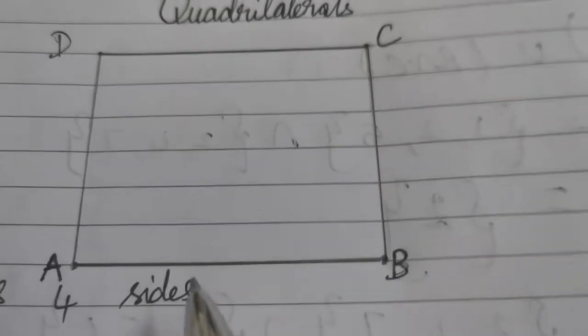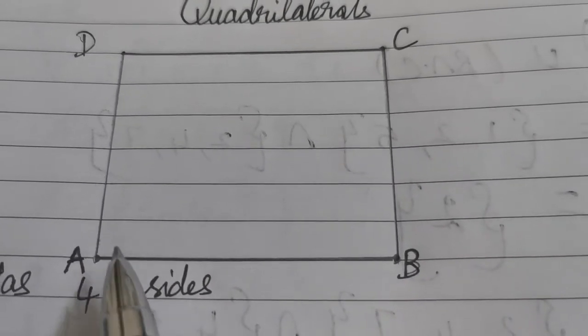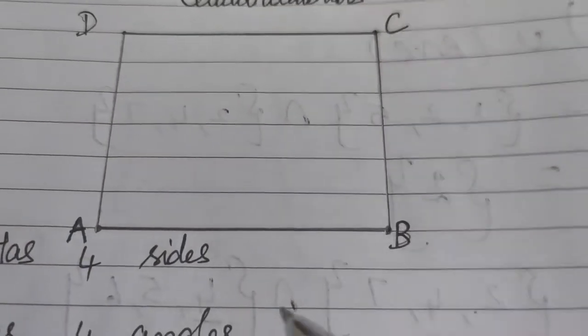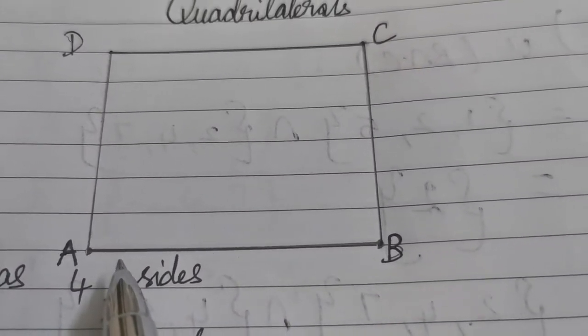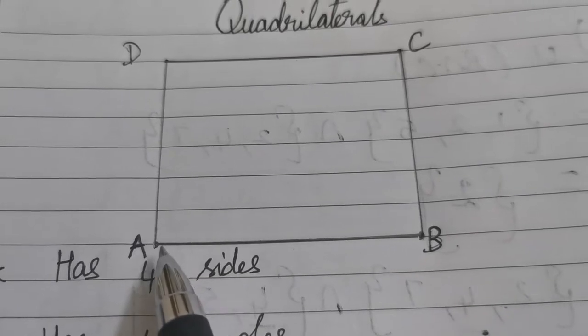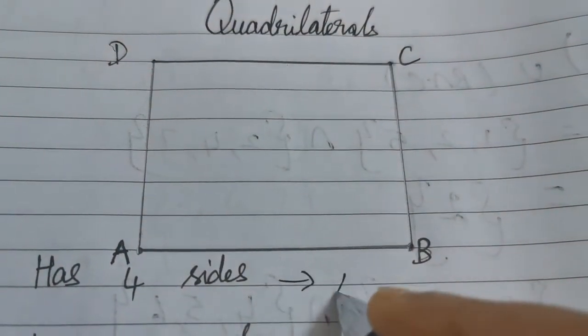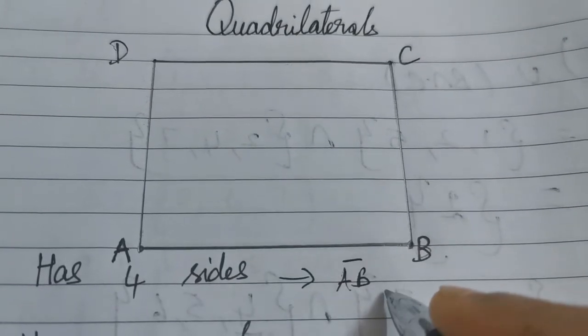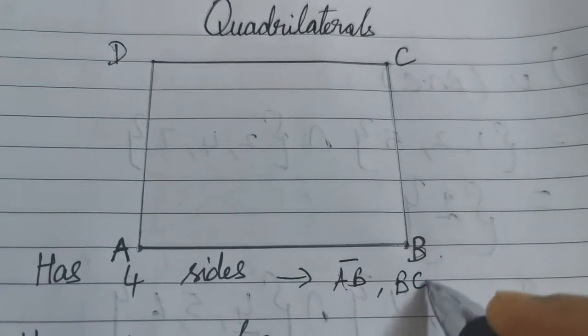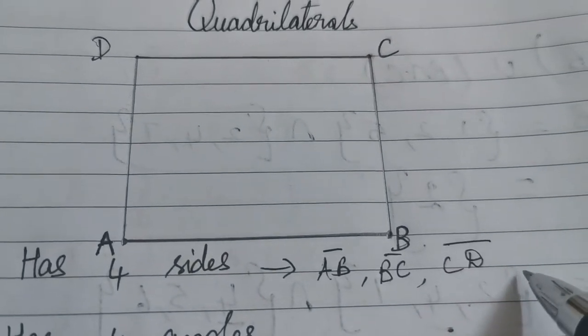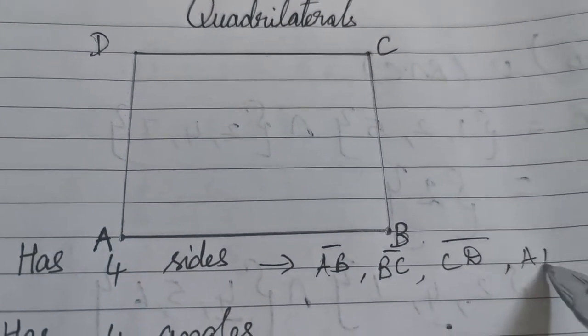Now, I have a quadrilateral here. It is named as A, B, C, D. Now, this quadrilateral has four sides. The four sides are made from the line segments AB, BC, CD and AD.